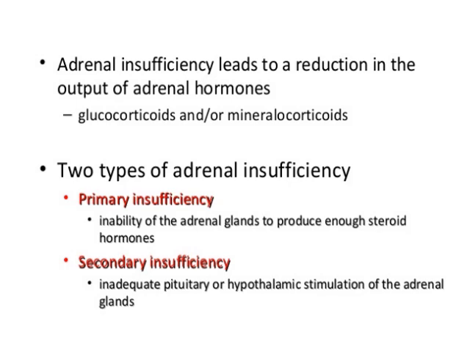In primary insufficiency, the disorder lies in the adrenal gland, and the gland is unable to produce enough steroid hormones. In secondary insufficiency, the defect doesn't lie in the adrenal gland but in the pituitary or hypothalamus, and there is inadequate pituitary or hypothalamic stimulation of the adrenal glands, leading to decreased production of these life-saving hormones which are important for the different metabolic processes in the body.